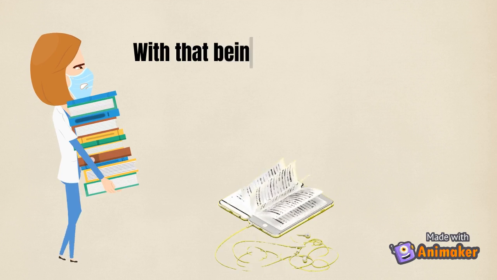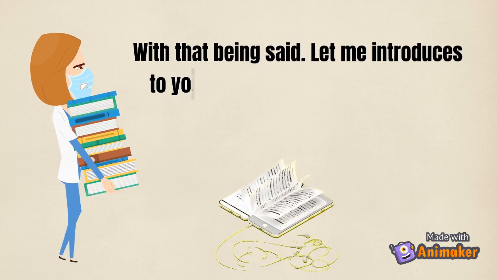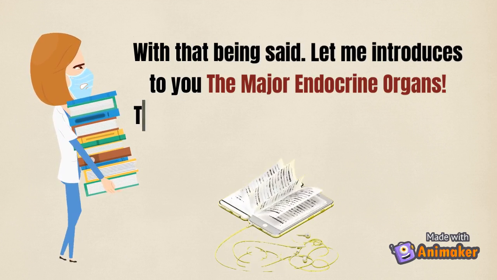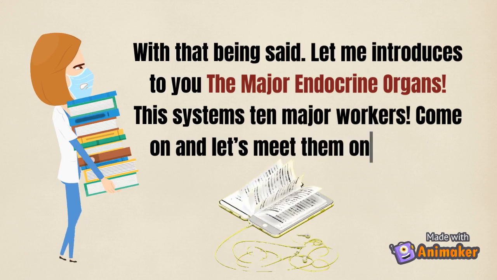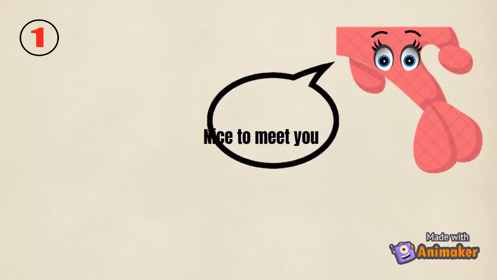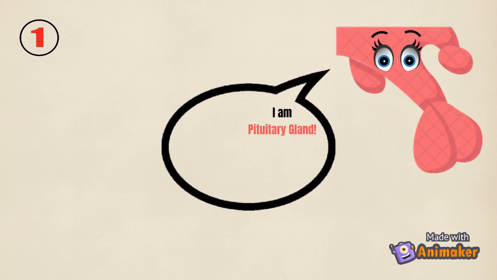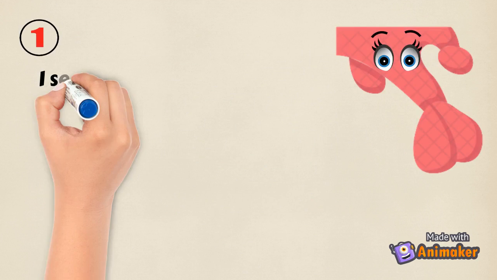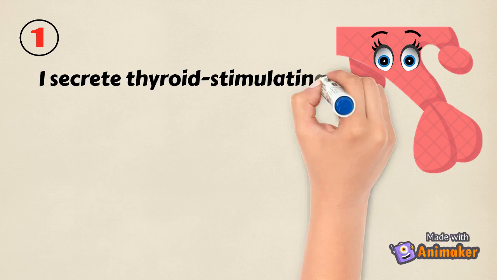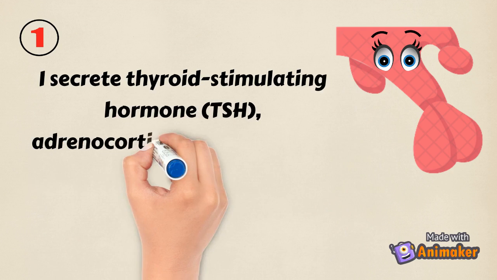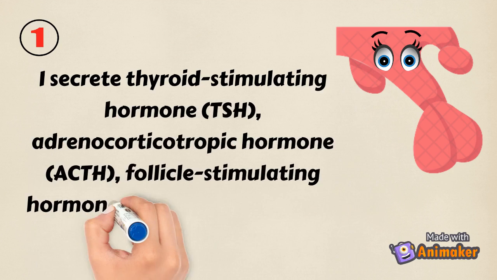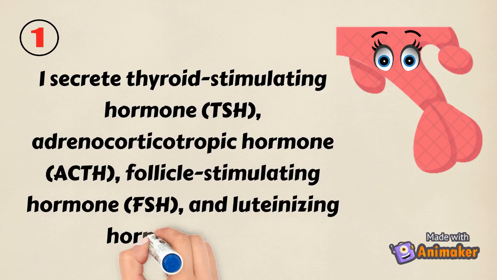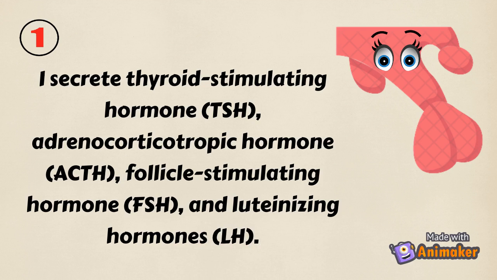With that being said, let me introduce to you the major endocrine organs. These systems have 10 major workers. Come on and let's meet them one by one. First, nice to meet you. I am pituitary gland. I secrete thyroid-stimulating hormone or TSH, adrenocorticotropic hormone ACTH, follicle-stimulating hormone FSH, and luteinizing hormone LH.